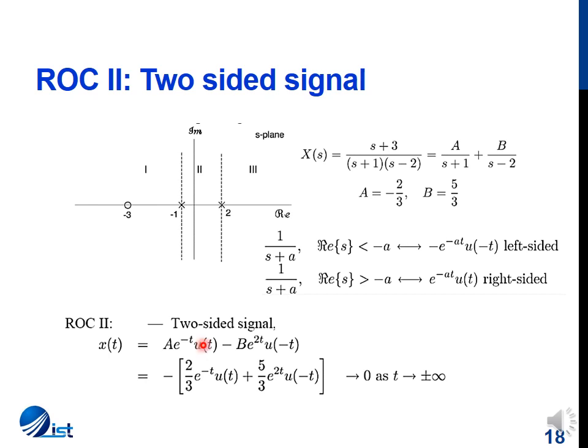As we discussed, the minus 1 pole belongs to a right-sided signal, and the pole at minus 2 belongs to a left-sided signal. We'll see that this function will approach a value of 0 as t approaches either plus infinity or minus infinity.